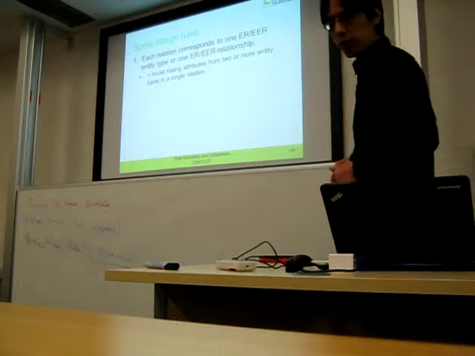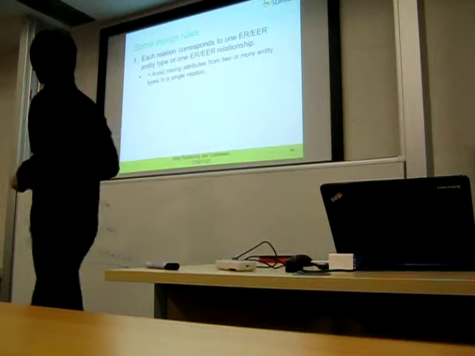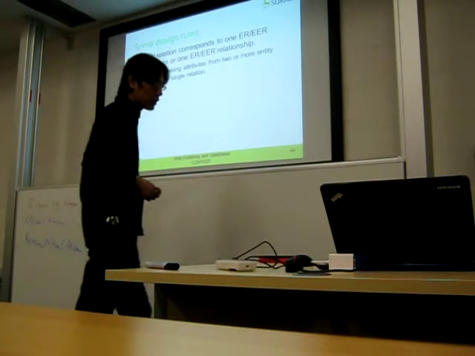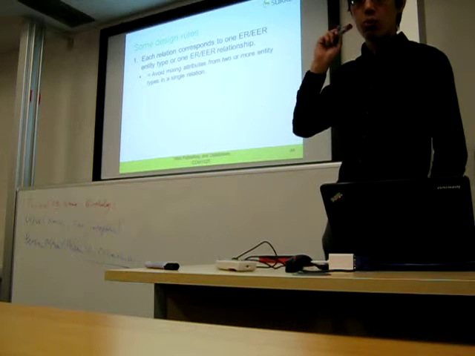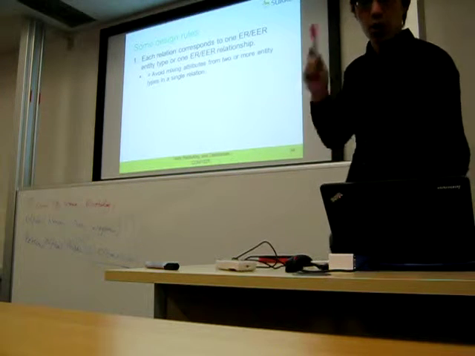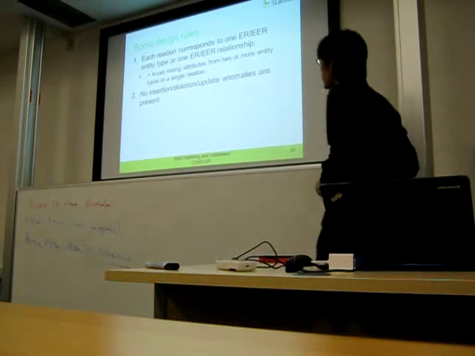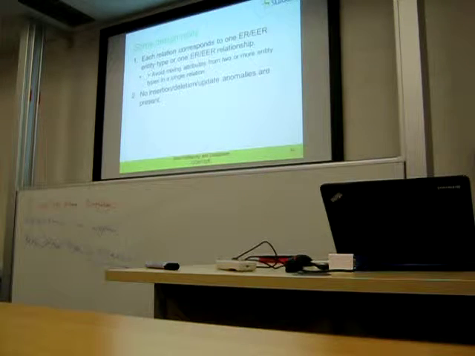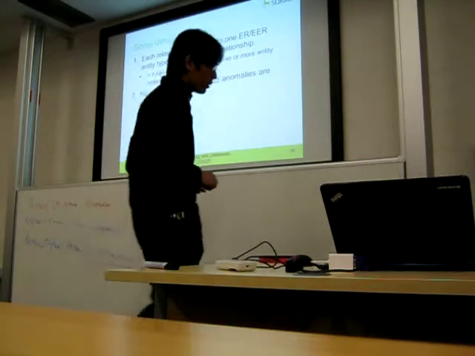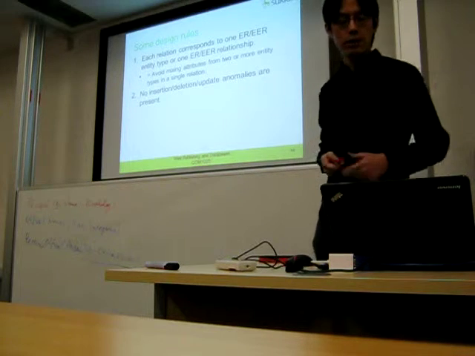So, some design rules. Each relation corresponds to one entity type or one relationship, when we start from the entity relationship model, so you don't have mixed attributes. Also double check if your database has insertion, deletion, or update anomalies, which has to be checked after you have the database in place.